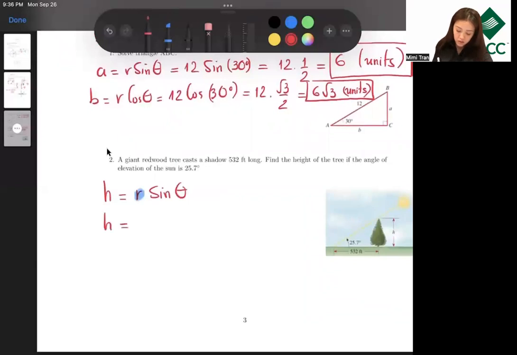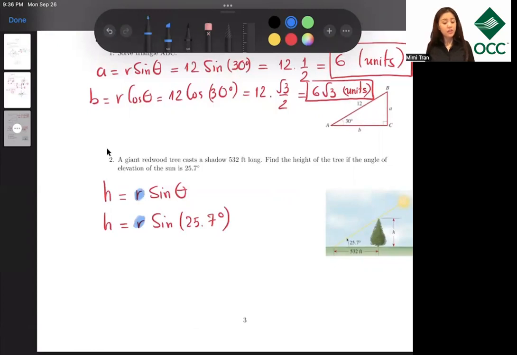Well, h is equal to r times sine of the angle, 25.7 degrees. But we don't have r, so we're going to find r first. We have x. In trigonometry, when you think of x, relate yourself to cosine.